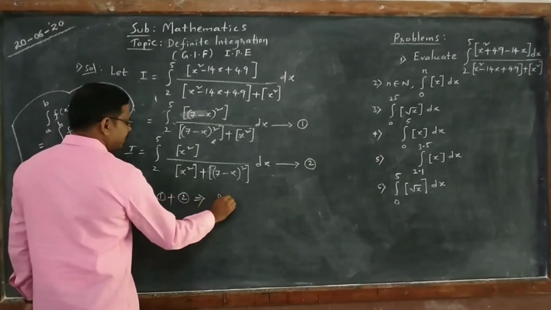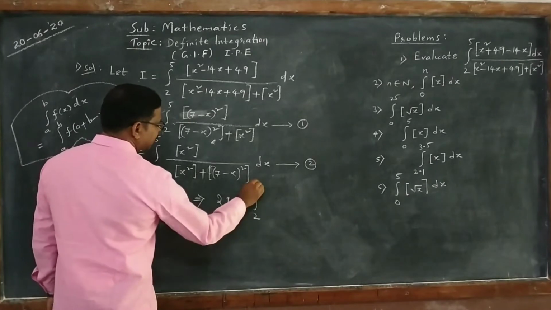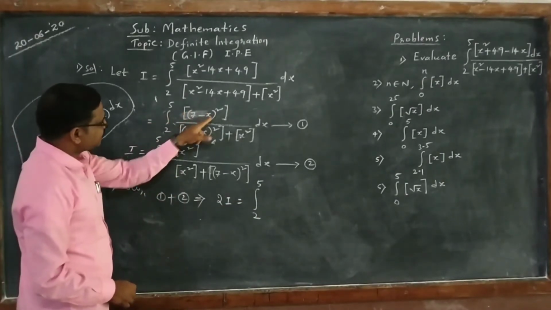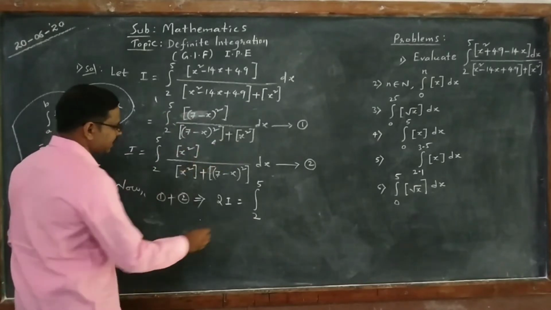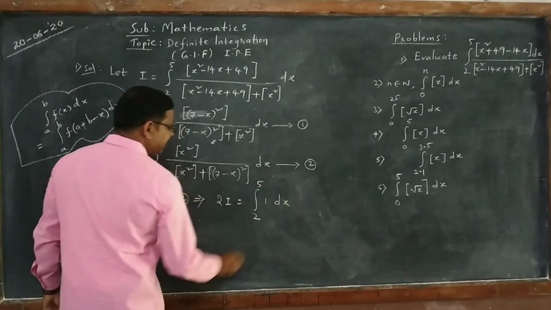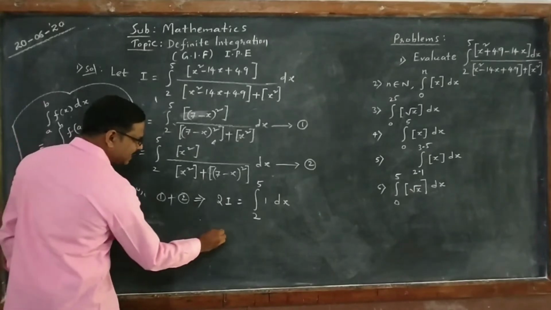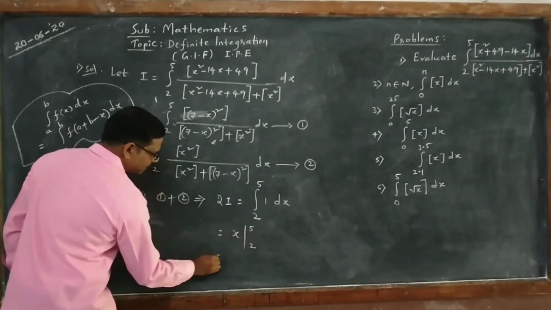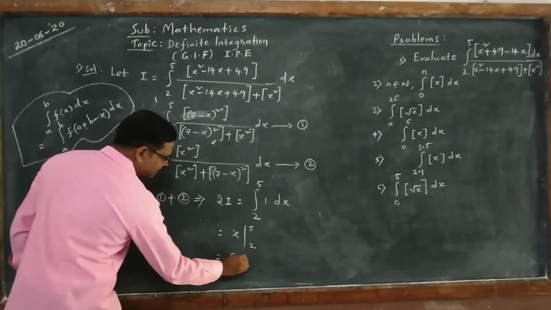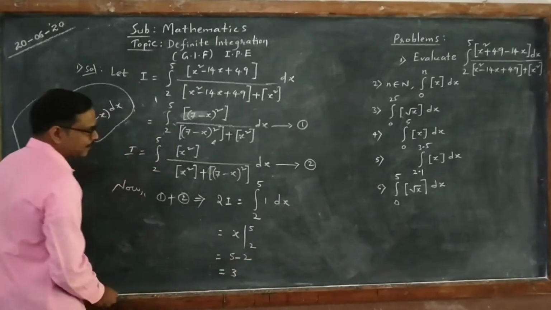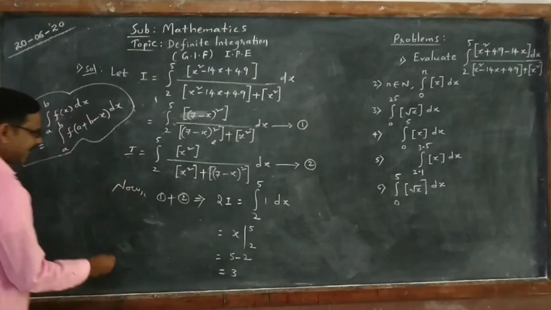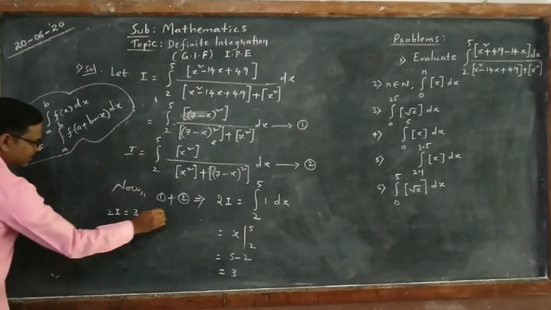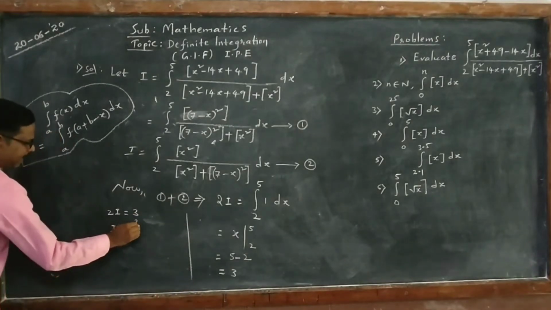I plus I, 2I, is equal to integral 2 to 5. You see, this one plus this one gets cancelled, so we get 1 dx. If you add, take LCM and add. What is the integration of 1? It is x, so upper limit 5 minus 2 is 3. So 2I is equal to 3, I is equal to 3 by 2.